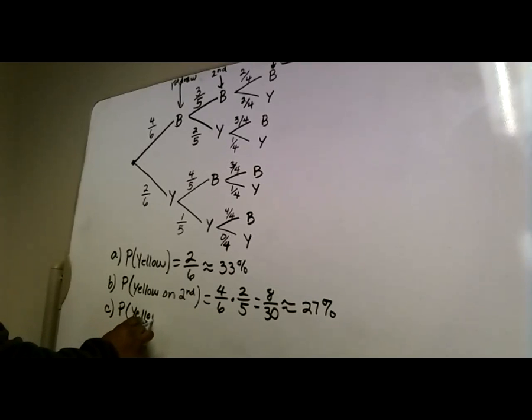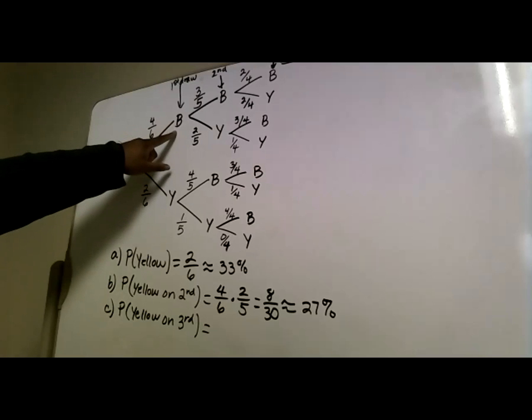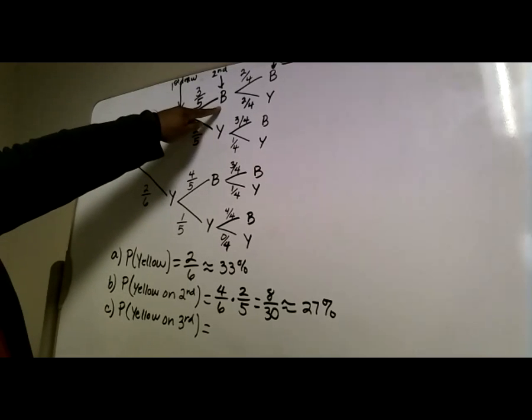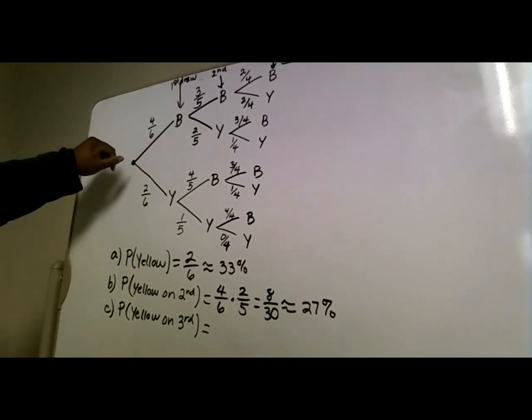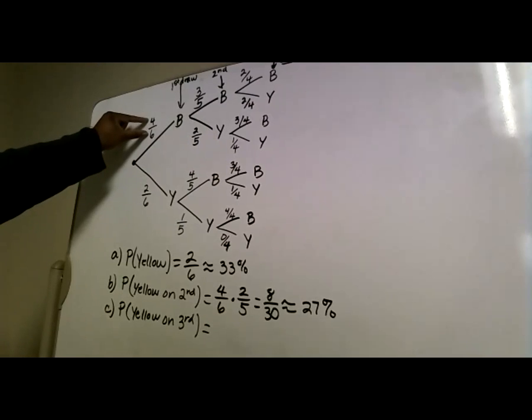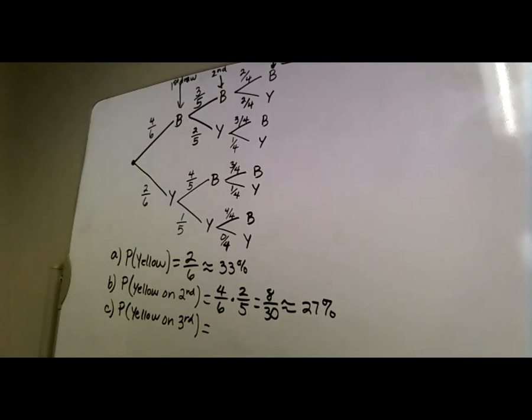And then the probability of getting a yellow on the third draw. Let's see. The only way that could happen is that the first has to be blue, the second one has to be blue, and then the third one has to be yellow. So we multiply those probabilities along that branch. 4/6 times 3/5 times 2/4.